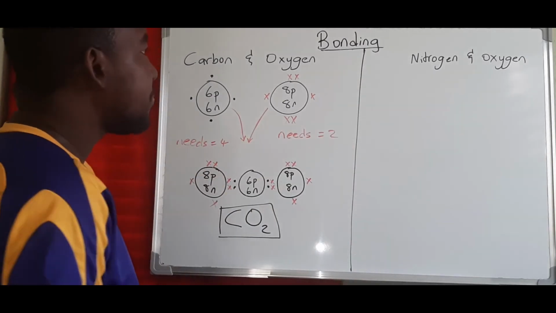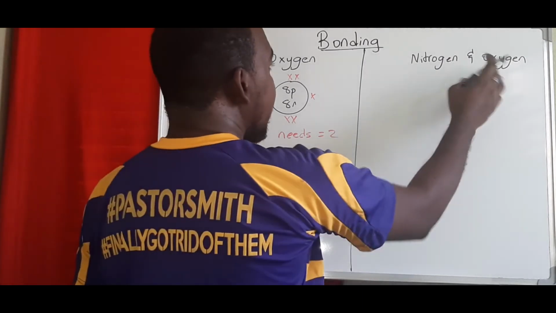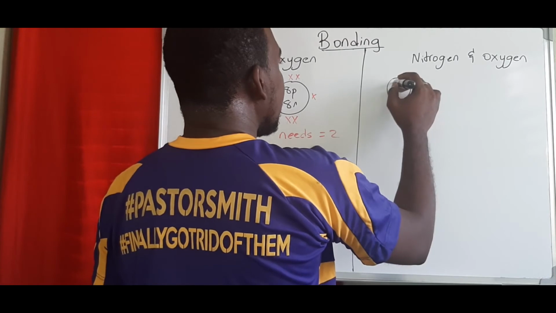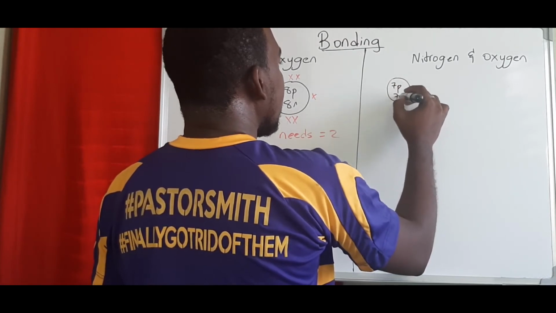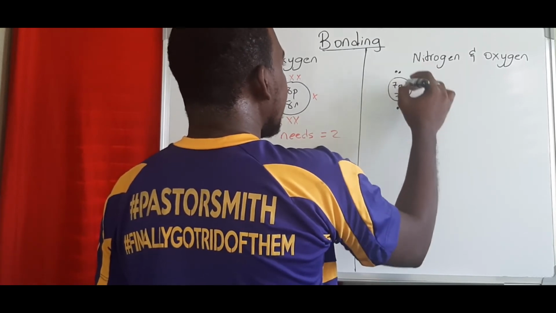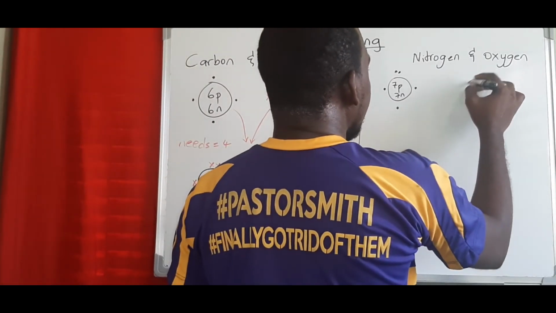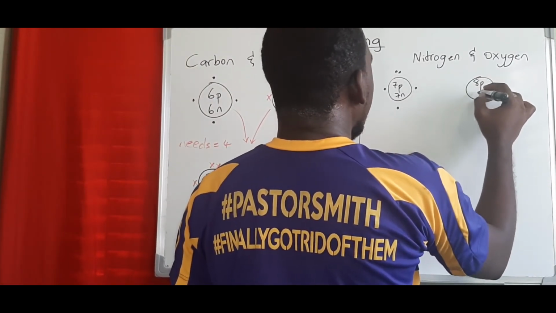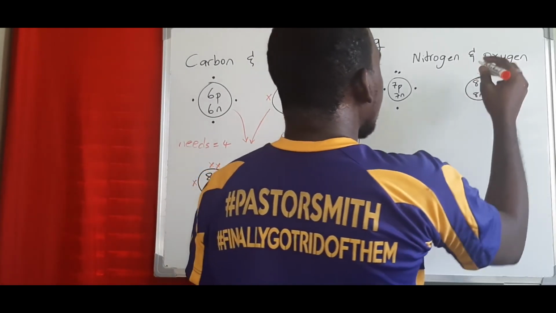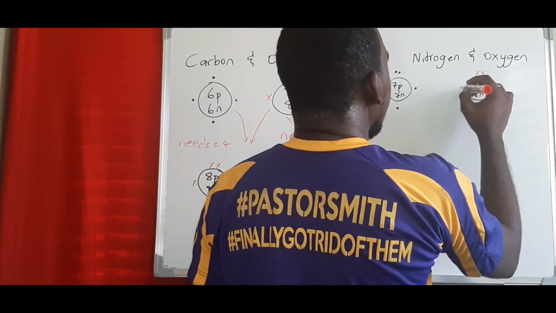So let's look at carbon and nitrogen, right? So, oxygen and nitrogen. So we know nitrogen, which is 7, right? So it has 5 on the outer shell, right? And we already know oxygen has 6 on the outer shell.